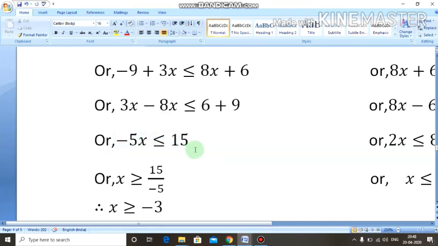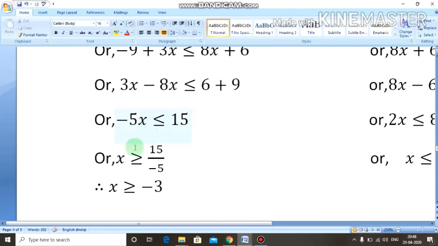So exactly we'll do the same. See here, to find the value of x, since minus 5x less or equals to 15 was there, since we divide both sides by minus 5, and minus 5 is a negative number, this inequality sign has been changed and it becomes greater or equals to.